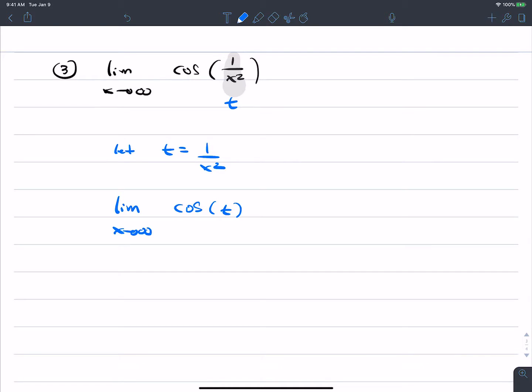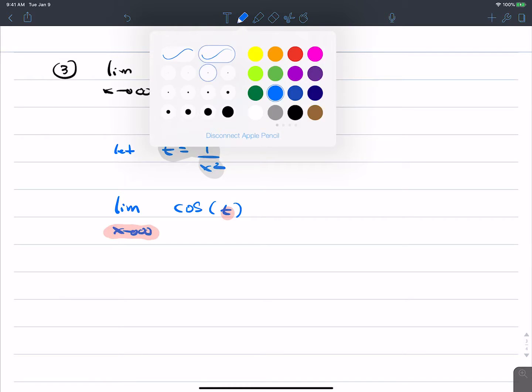All I did was substitute for what t is; we say t is 1 over x squared. And here's what we really have to think about now. You see this is a limit as x gets big, and your variable over here is not x, it's now t. So we have to understand what's happening here.